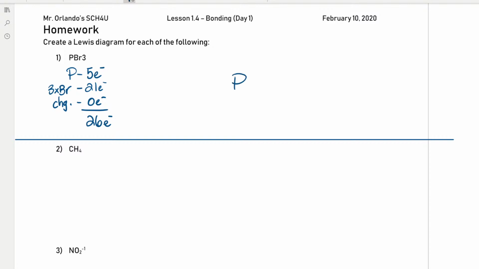So we would draw phosphorus in the middle. We would draw our 3 bromines. We would complete the octets around each of these, just like that.